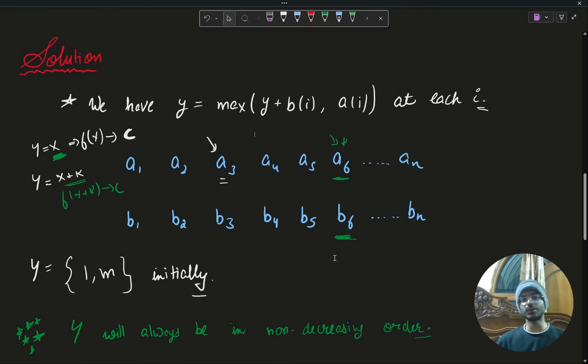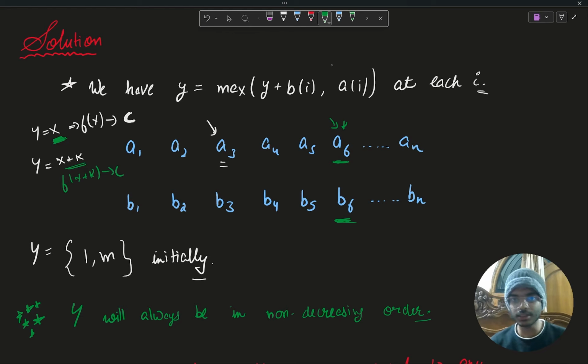So for any value, this concludes to two possibilities. Either the starting point y would become equal to any of these a of i's, or it would become bigger than that, and these lower values would be added. So it would become something like some number plus something.